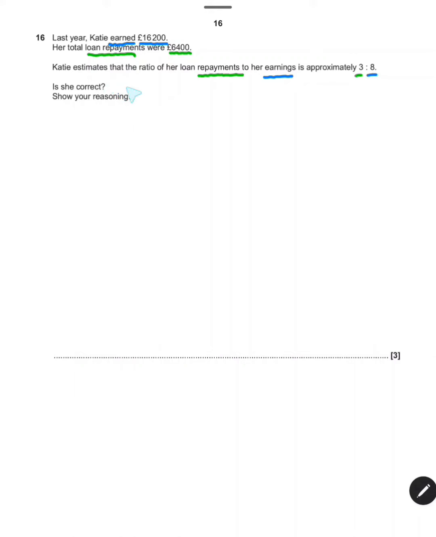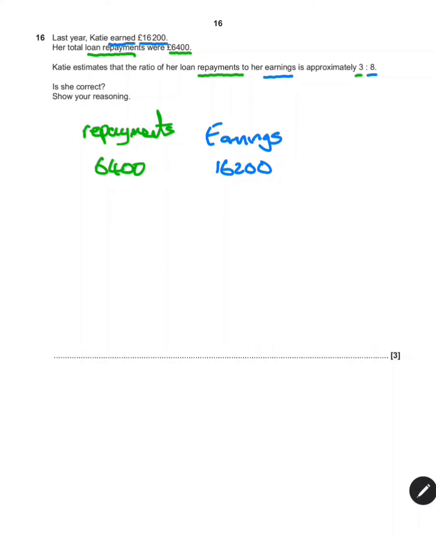We've got to check whether she's correct or not. So we'll just jot those headings down again. We've got repayments to earnings, and she has 6,400 in repayments, 16,200 in earnings, and I'm just going to start simplifying this ratio.